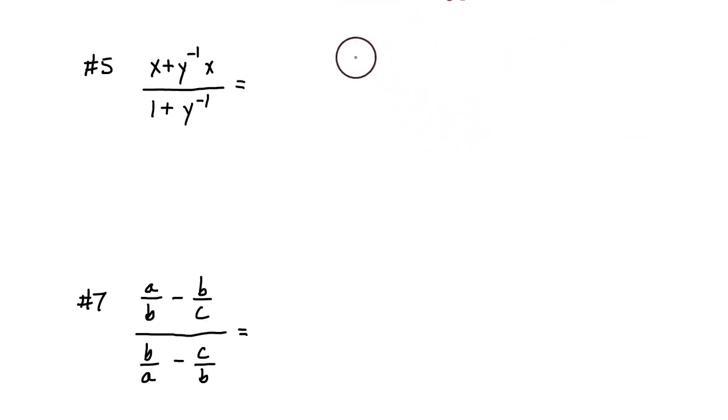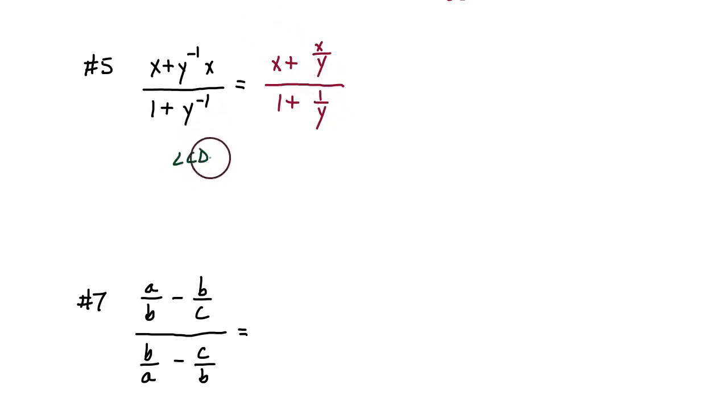Number 5, I'm going to go back to using method number 1. But before I do that, I need to take care of these negative exponents. This is equivalent to x plus x over y, all divided by 1 plus 1 over y. Now we can more easily see our complex fraction. Let's go with method number 1, where you multiply everything by the lowest common denominator.